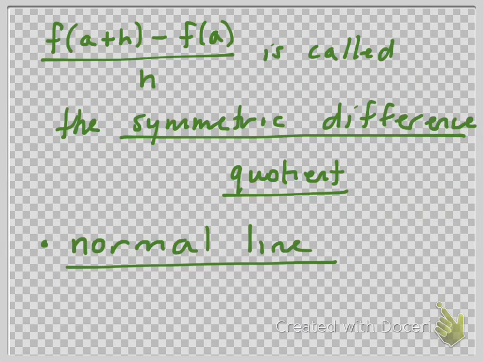A normal line is perpendicular to the tangent line. For our purposes, that's all we care about. Normal means perpendicular. Perpendicular to the tangent line.